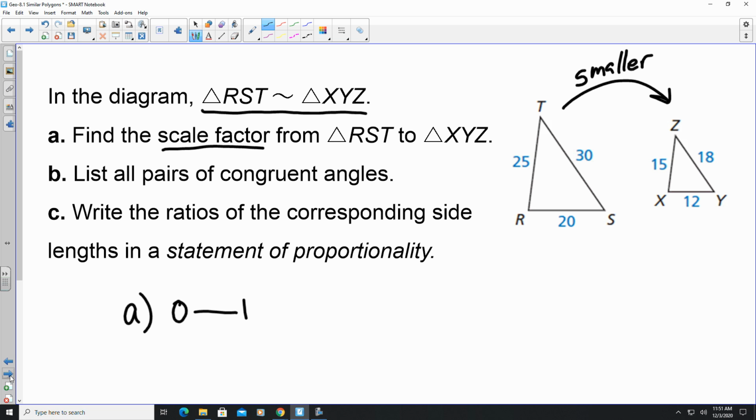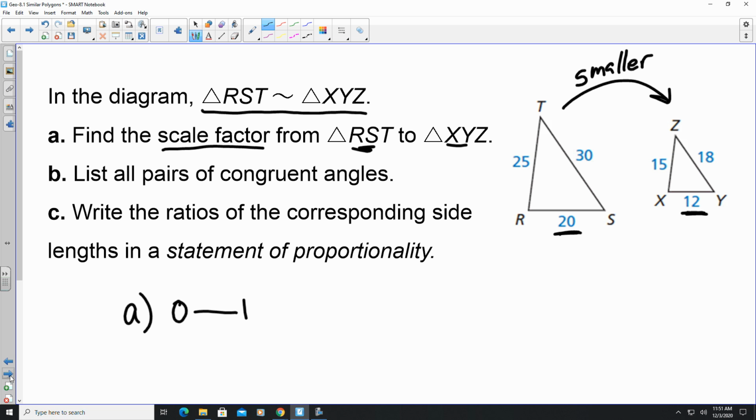So what you're going to do is I am just going to choose two corresponding sides. You can choose any two corresponding sides that you like, and they're going to help us determine what the scale factor is. So I look at this one right here, XY, which is my first and second term in the similarity statement, and then I look at the first and second term of this side, which is RS. So 20 and 12 are going to be proportional sides.